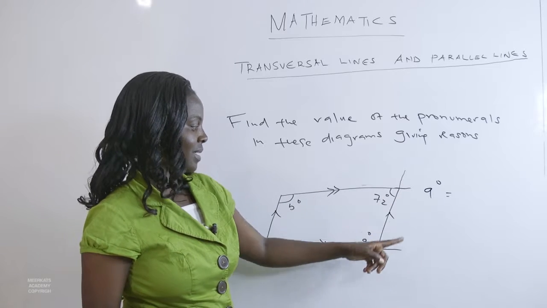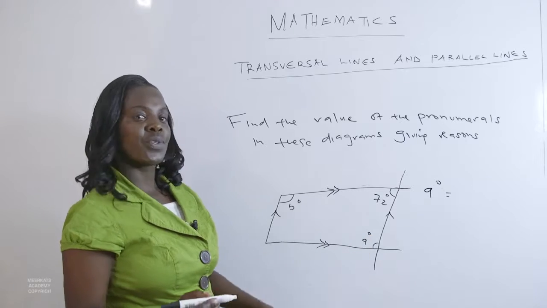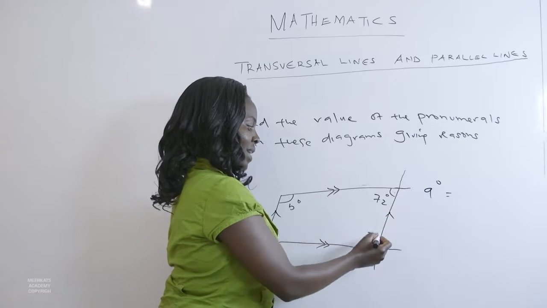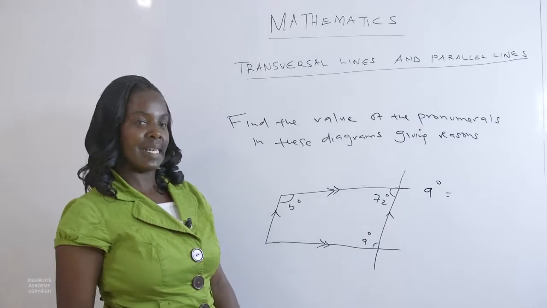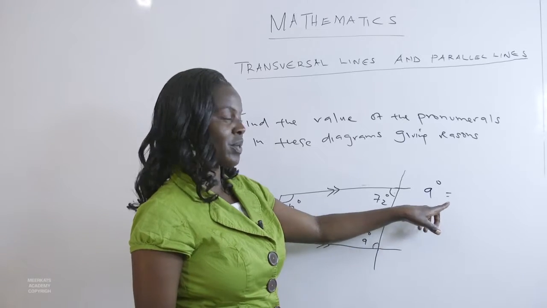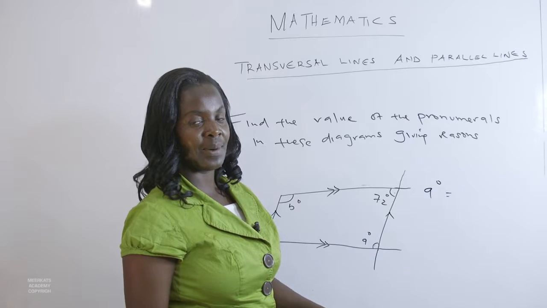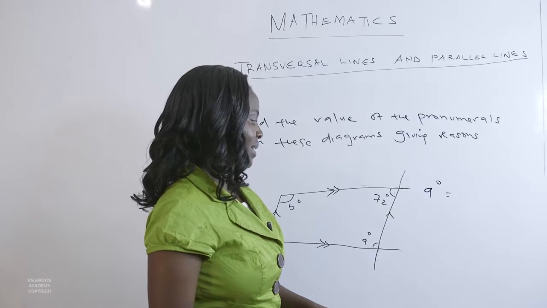Then these two lines are parallel lines. So this angle here and this angle here are co-interior angles. What do we say about co-interior angles? Co-interior angles, we said, are supplementary. In other words, they add up to 180 degrees.